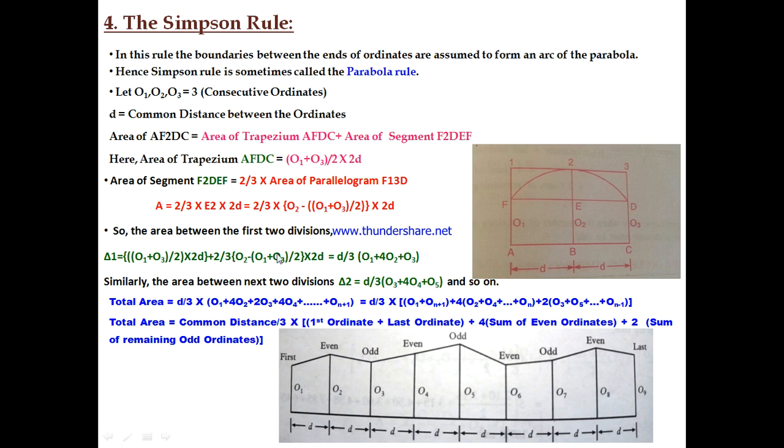So 2 by 3 times 2D into the value of E2, where E2 will be equal to O2 minus O1 plus O3 by 2. In this manner you can calculate the total value of this area, and so on.